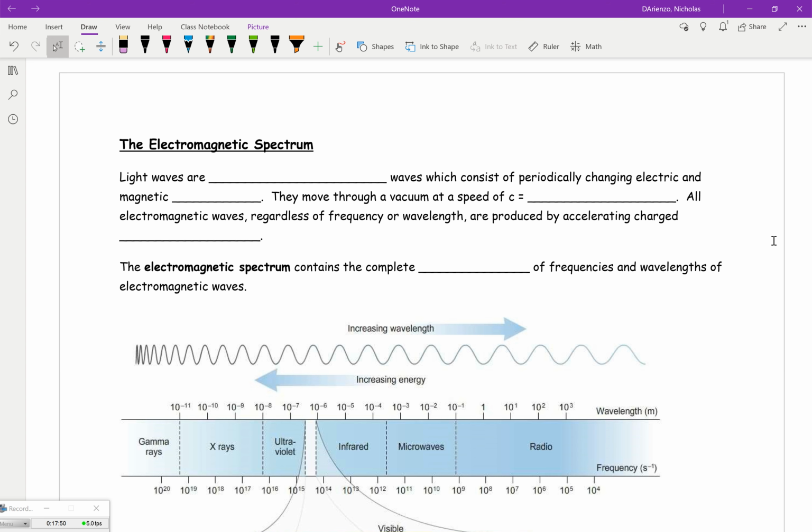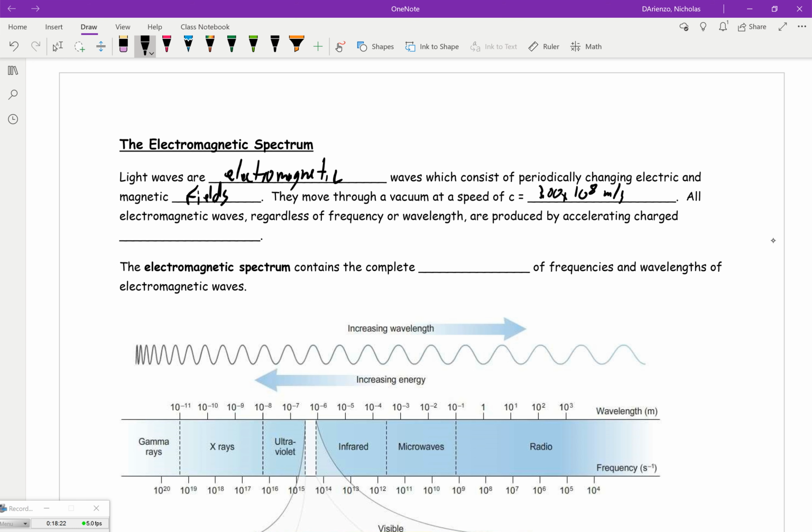So light waves are electromagnetic waves, transverse waves, which consist of periodically or regularly changing electric and magnetic fields. They move through a vacuum at a speed of 3 times 10 to the 8th meters per second.